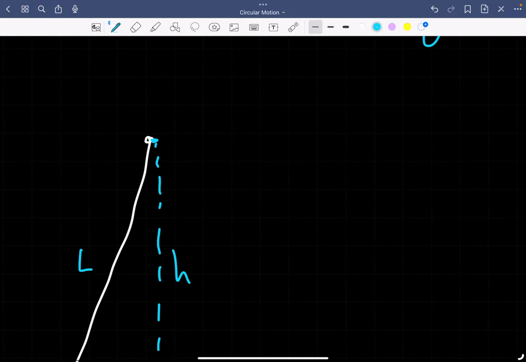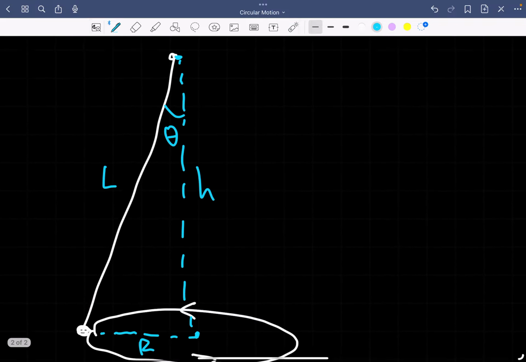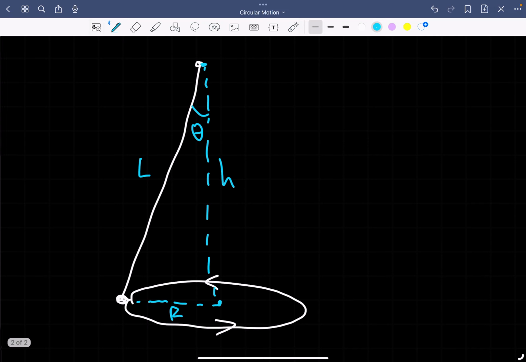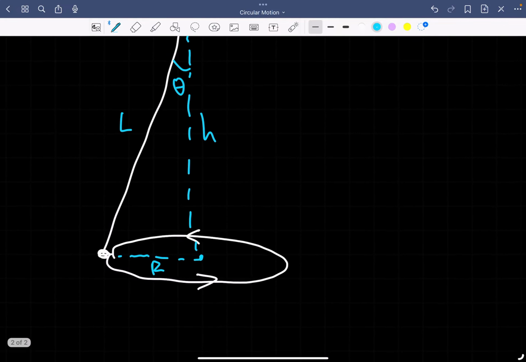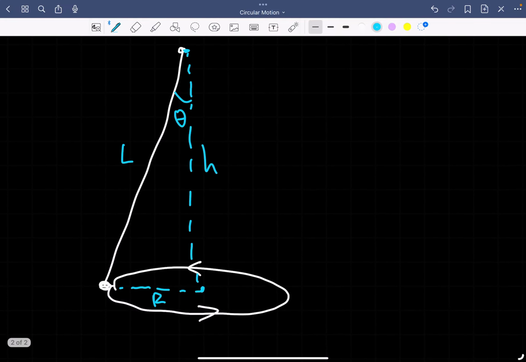Okay, and then we'll call this angle here theta, which is the angle between the string and this imaginary vertical line connecting the top of the string with the center of the circular path that this circular pendulum is traveling in.